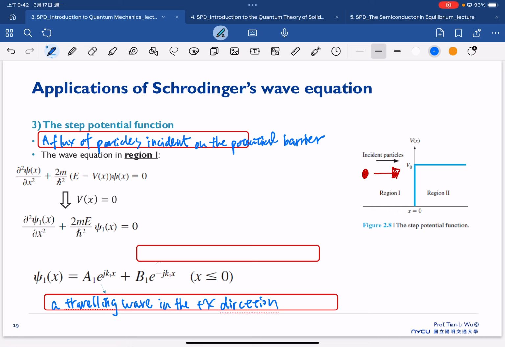That's our incident wave. And the second term is a traveling wave in the minus x direction.